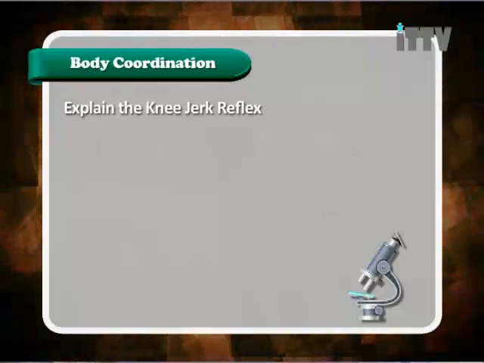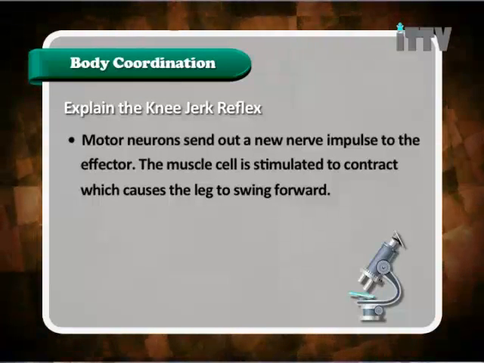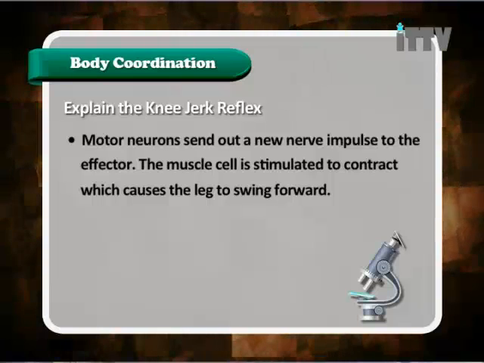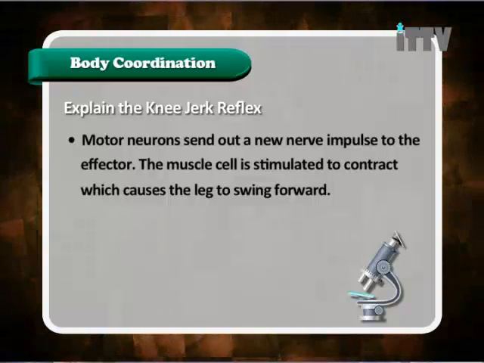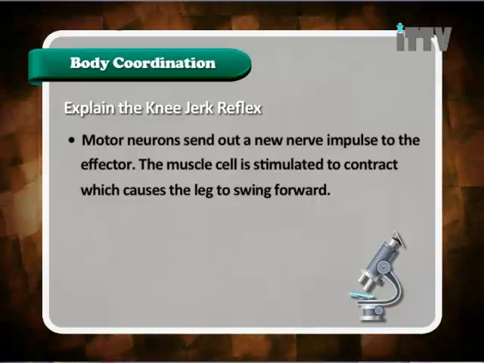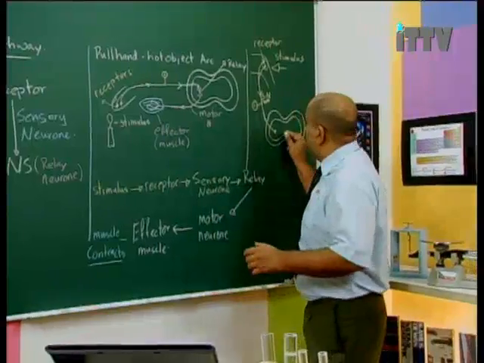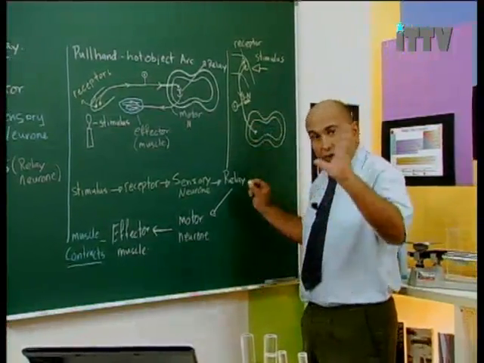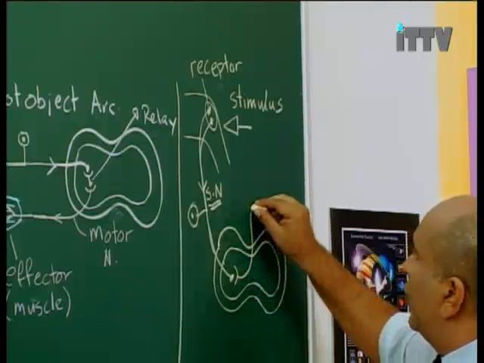Let's go back to that slide. Motor neurons send out a new nerve impulse to the effector. The muscle cell is stimulated to contract, which causes the leg to swing forward. So let's have a look at this final part here. Instead of a relay, there's no relay. It goes straight to the motor.